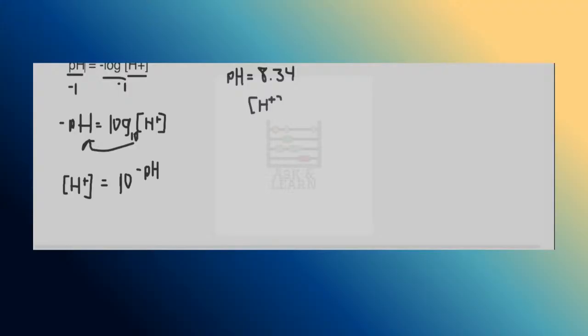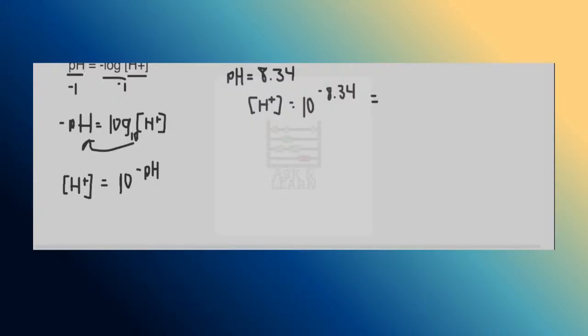we know that we can solve this by doing 10 to the minus 8.34 power. It's just important to remember when you're doing these calculations that you always remember this negative sign in the exponent here. So if you were to put this in the calculator, go ahead and solve that.